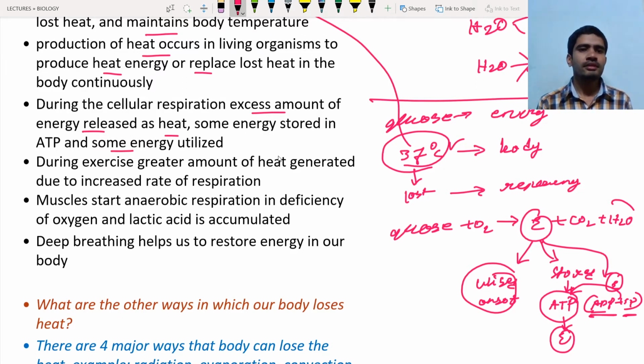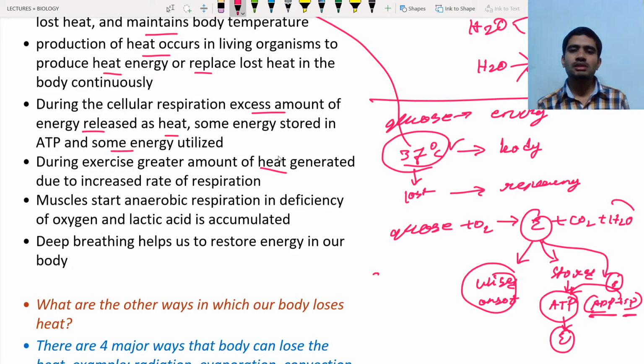During exercise, a greater amount of heat is generated. When you are running or jogging, some amount of heat energy will be released, which means your body temperature will increase. Why? Because during exercise there is a huge amount of cellular respiration.